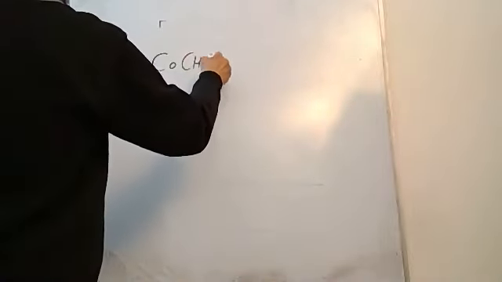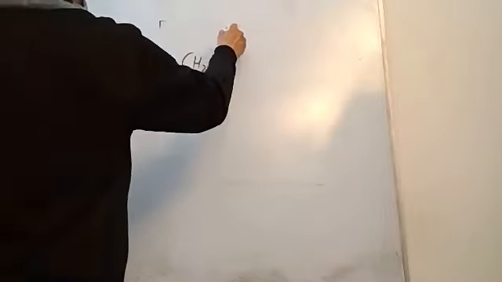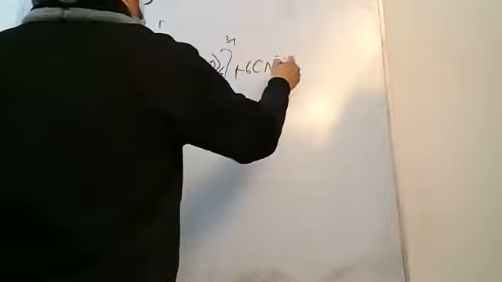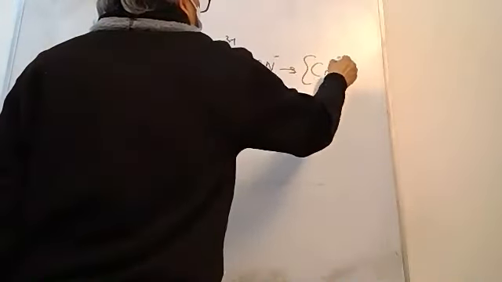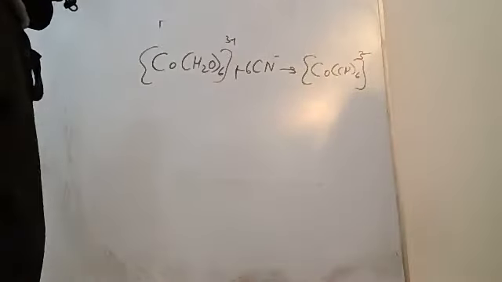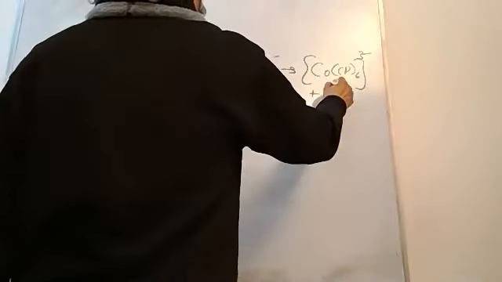Let's say we have a replacement of Co(H2O)6 3+ with 6 cyanides to make Co(CN)6 3- plus 6 H2O.